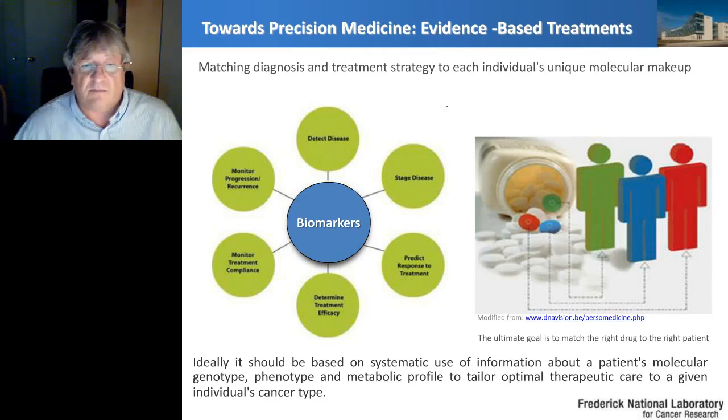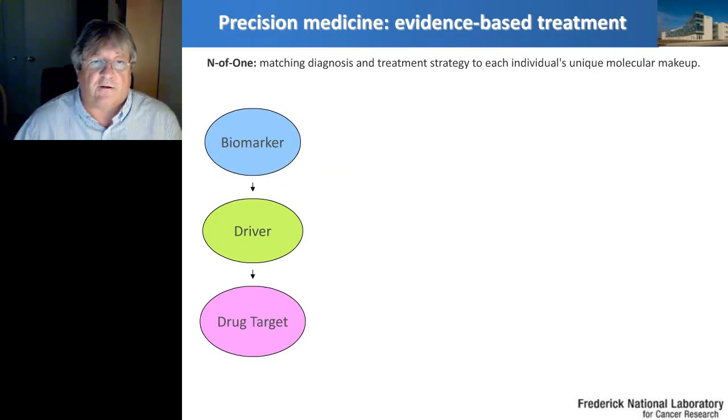Ideally, it should be based on systemic use of information about the patient's molecular genotype, phenotype, and metabolic profile to tailor that treatment. Obviously, we are aiming for it. We are far away from it.